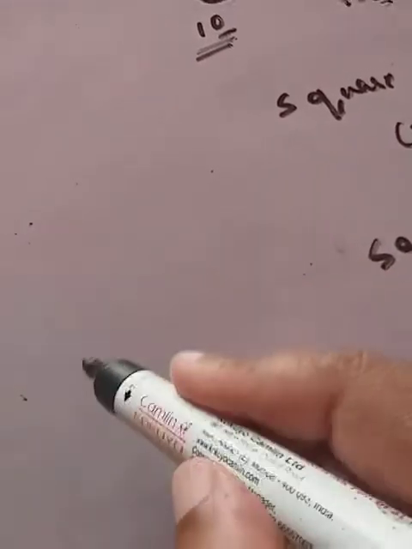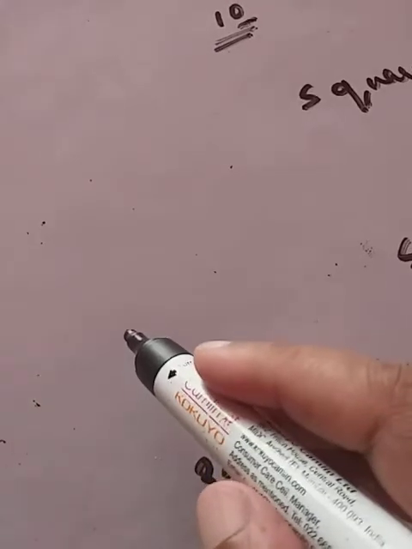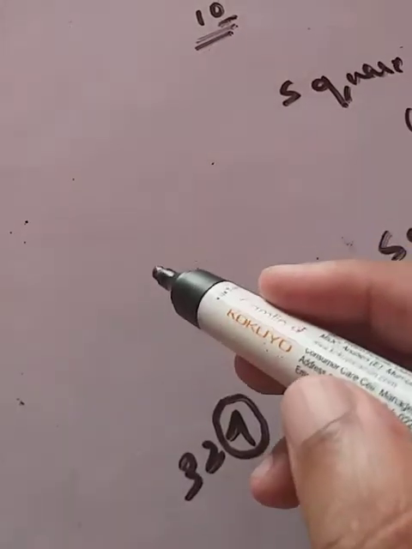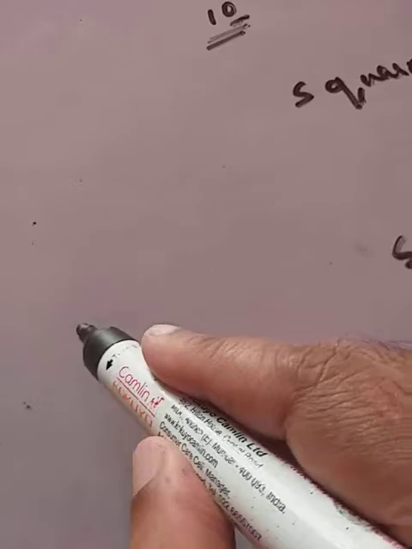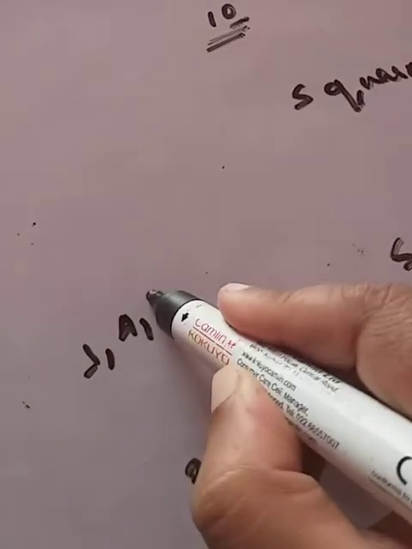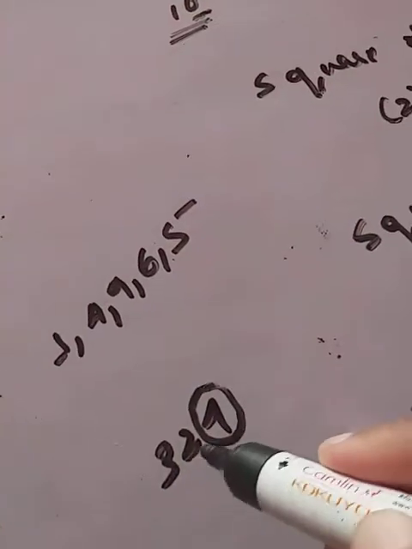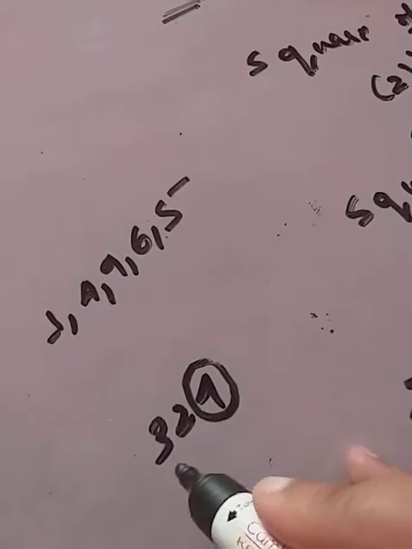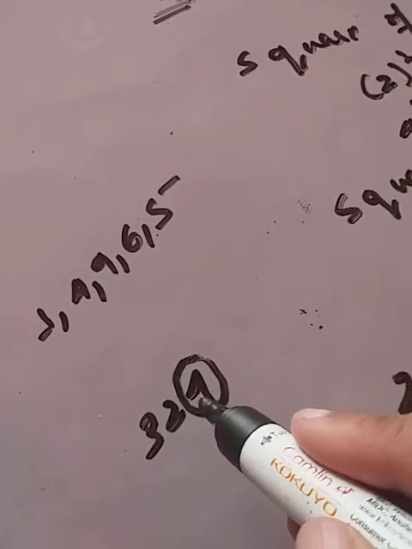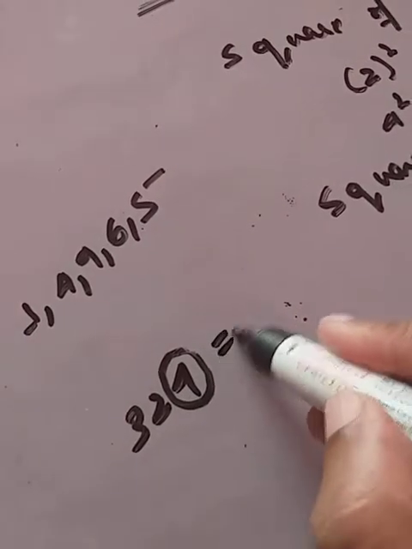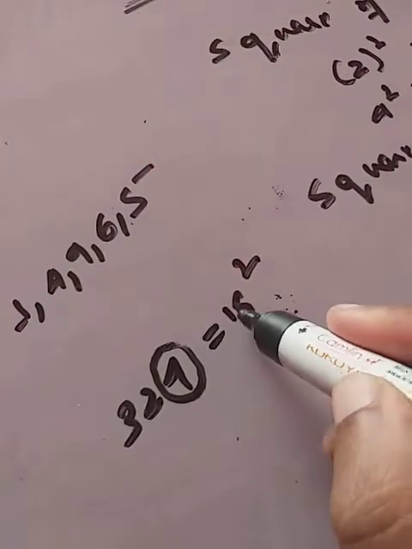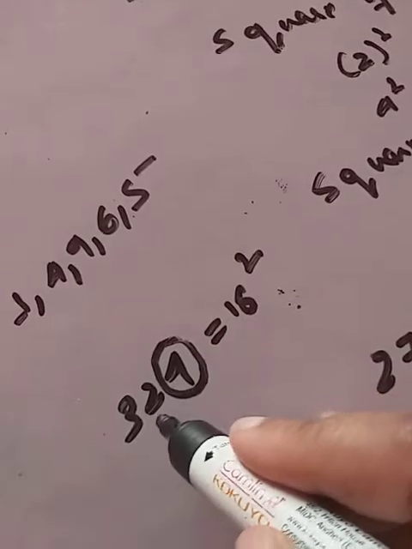We know the unit digit of a square could be 1, 4, 9, 6 or 5. So 4 is there, so you can say that yes, it could be a perfect square number. In fact, it is a perfect square number because it is 18 square. If you do 18 square, you will get the answer 324.